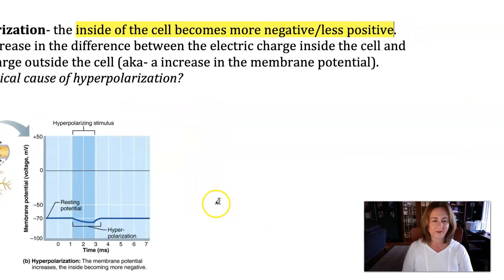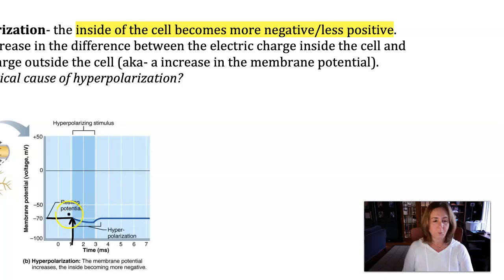And I'm just going to make this a little bigger just for a second to mark this up. So the cell is resting at negative 70 millivolts, and I can see right here it changes. So there must have been a stimulus that was given at that point. And I can see that the cell is becoming more negative. So now it's going from negative 70 towards negative 80, right?